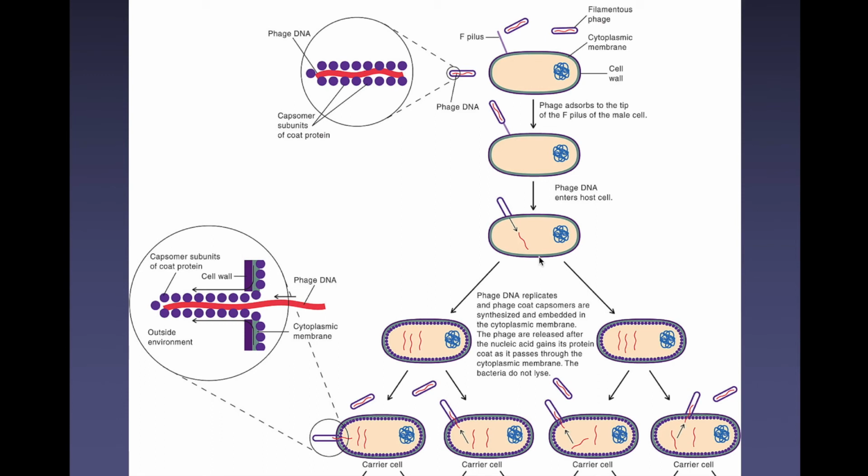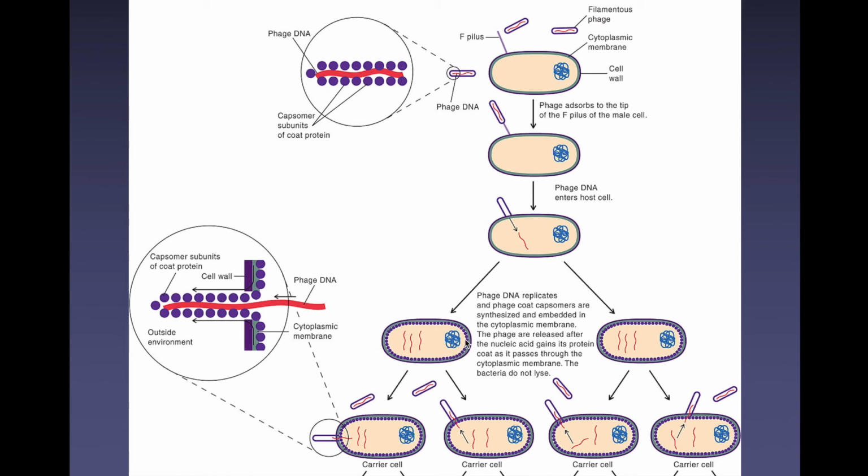And this transmission here from host cell to daughter cells is called vertical transmission. So not only do we have productive virion particles able to infect neighboring cells, which is horizontal transmission, but we also have an example here of vertical transmission.